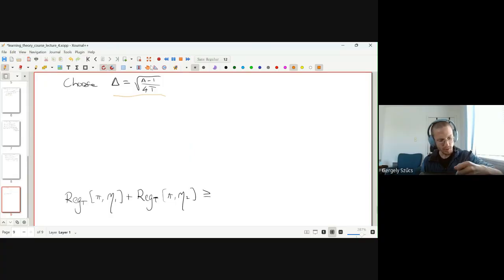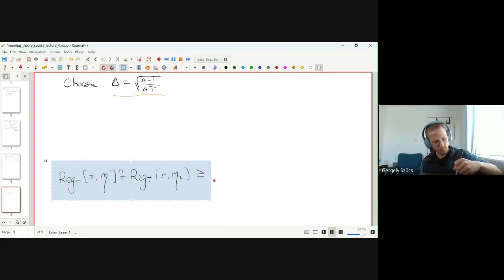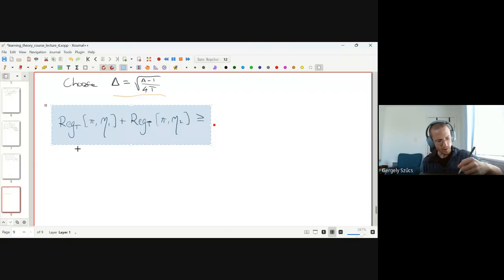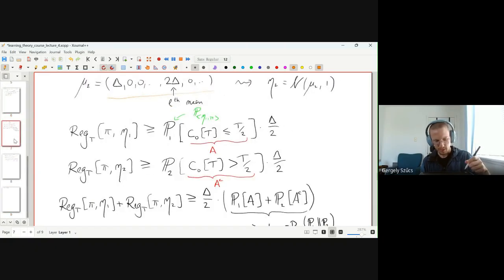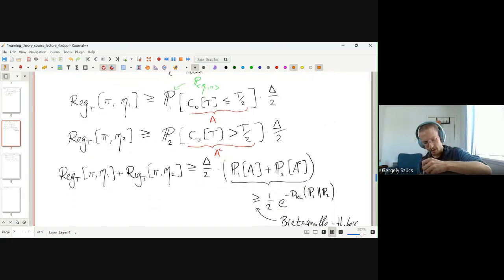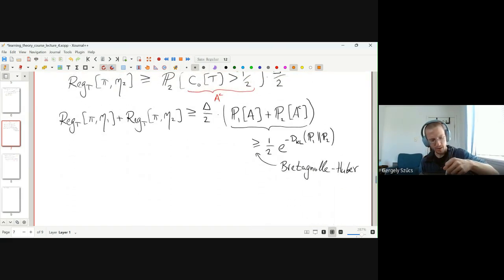And so what we get for the sum of regrets: if we go back to here, we got a bound on the sum of regrets, which was delta over 2 times 1/2 times e to the minus KL divergence.